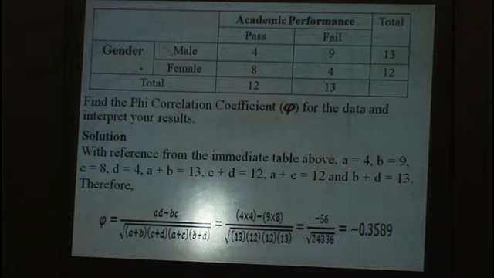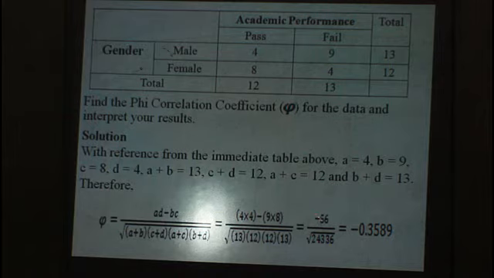Now substituting these values into the formula, we get 4 times 4, all minus 9 times 8, all divided by the square root of the product of the sums, that's the row sums and the column sums.